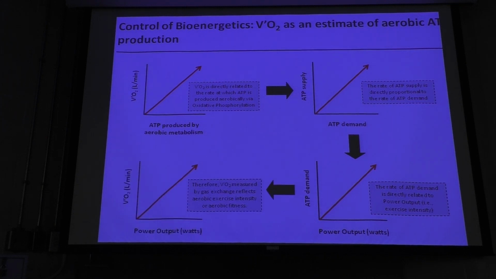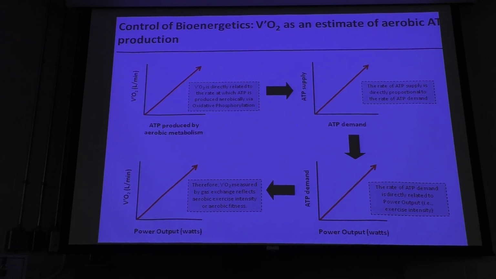So, to come back to this, we can get two measurements that we can measure. Without biopsies and very sophisticated magnetic resonance imaging studies, it's very, very tough to get a measurement of ATP supply and demand.